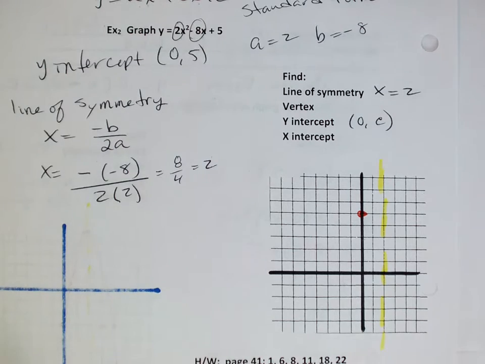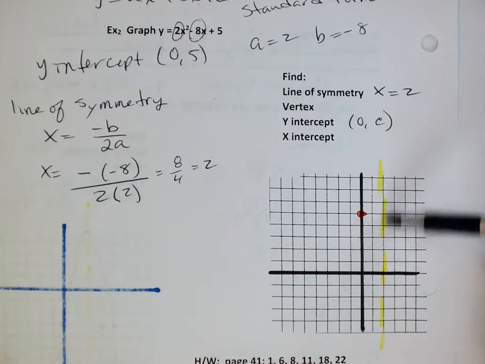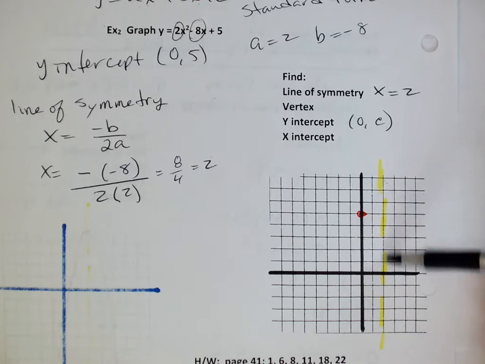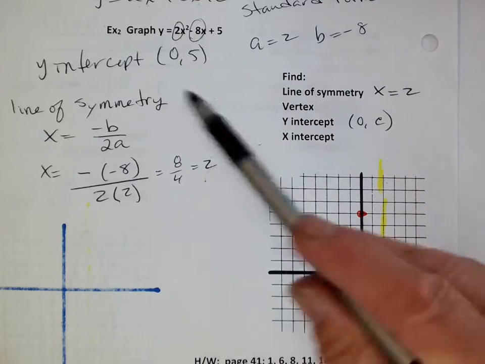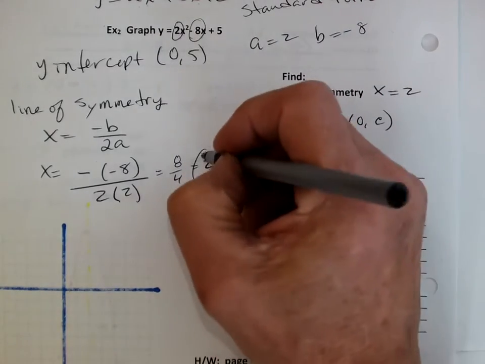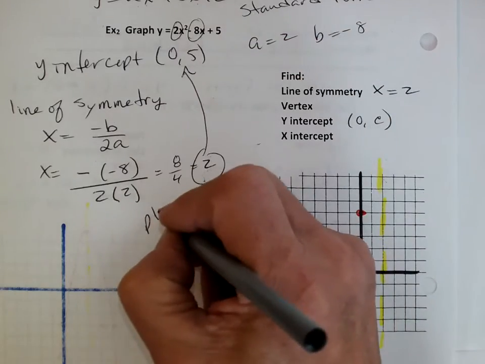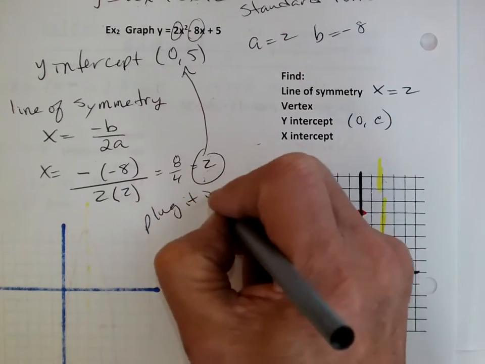So here's what I do know. The vertex lies along the line of symmetry, right? It's got to be somewhere along here. So what I'm going to do is take my 2 and plug it in to get the y value.